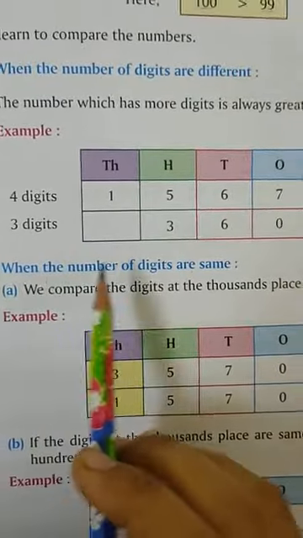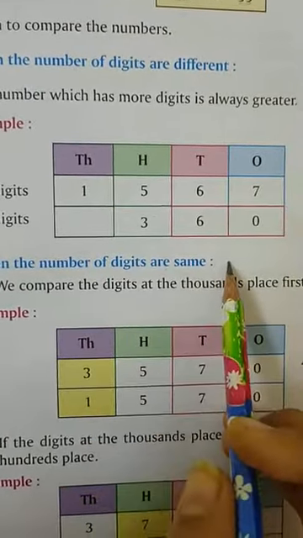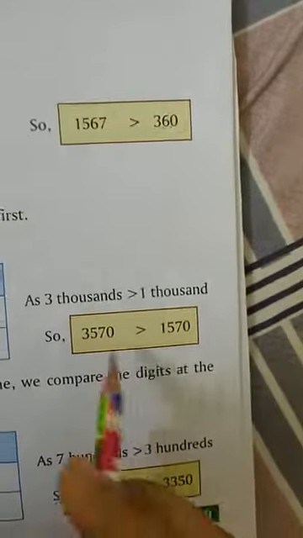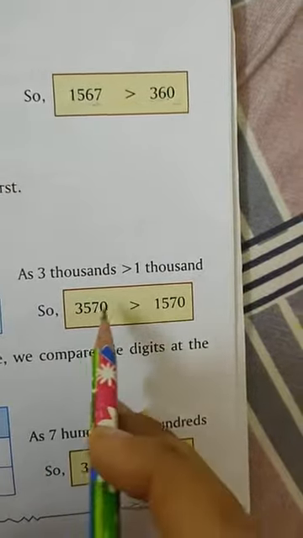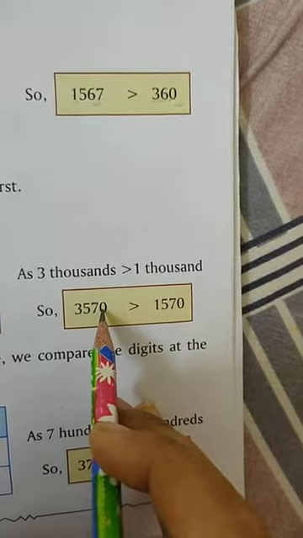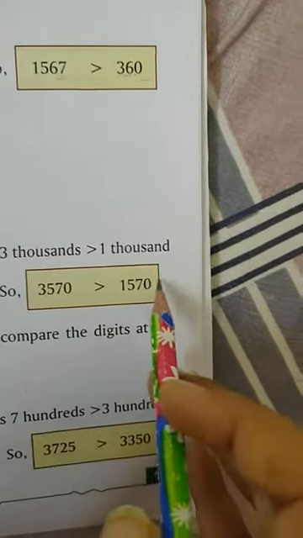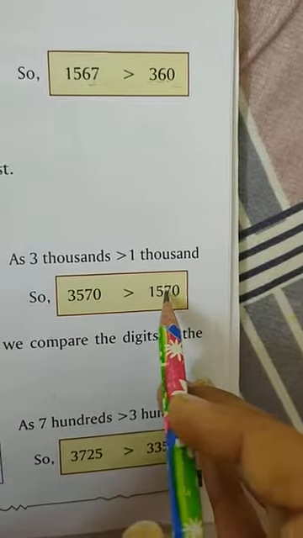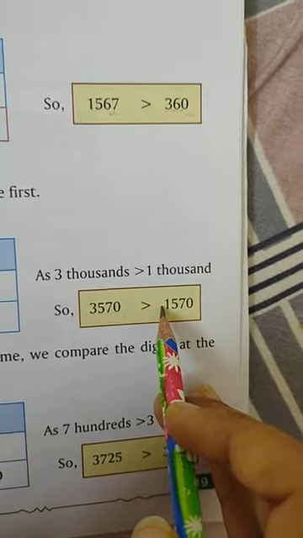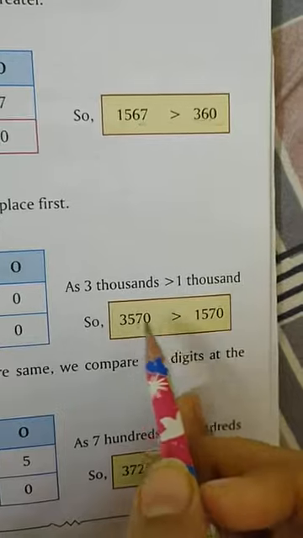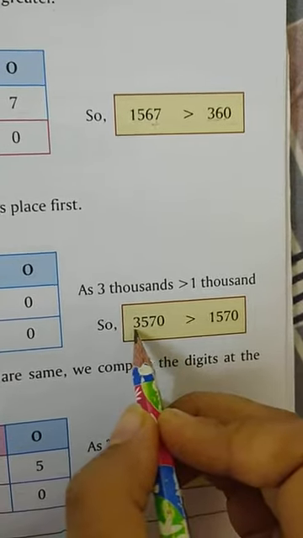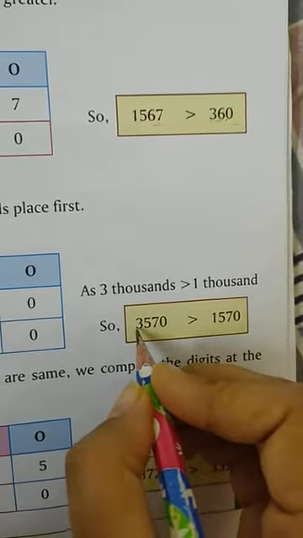Second concept, when the number of digits are the same. This is an example where the number of digits are the same on both sides. Here there are 4 digits, 1, 2, 3, 4, and here also there are 4 digits, 1, 2, 3, 4. So how do we compare this? As you know very well, for comparing these, we always start from the leftmost side, that is from the thousand side.